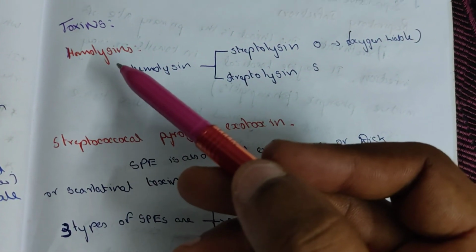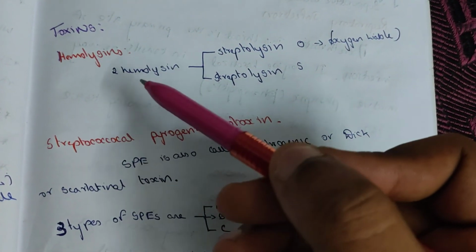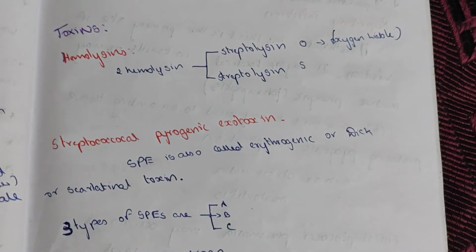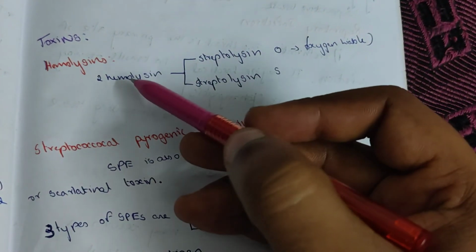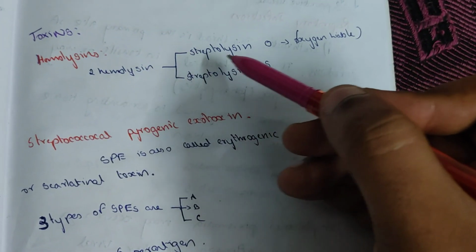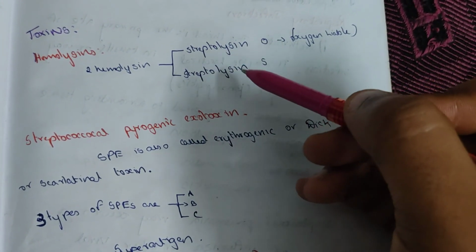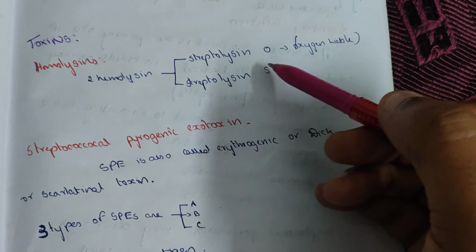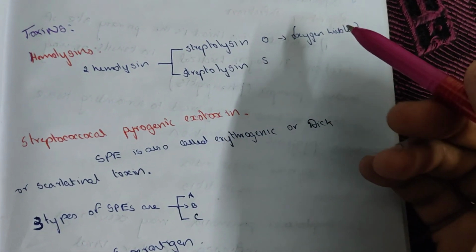Toxins produced by Streptococcus pyogenes. Hemolysin: there are two types, streptolysin O and streptolysin S. O is oxygen labile.